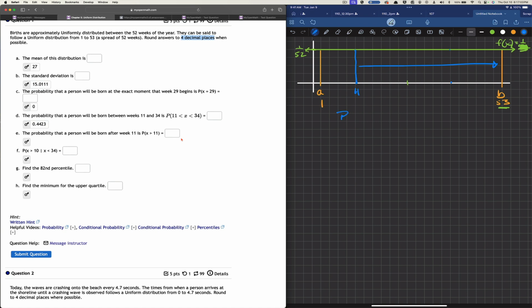So the probability of x being greater than 11 is the area of the rectangle with this dimension. So that's 53 minus 11 times the height, which is 1 over 52.